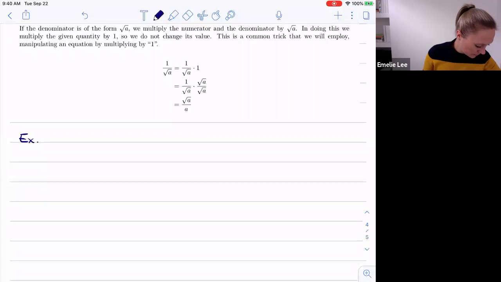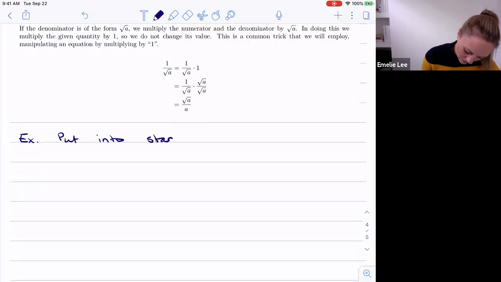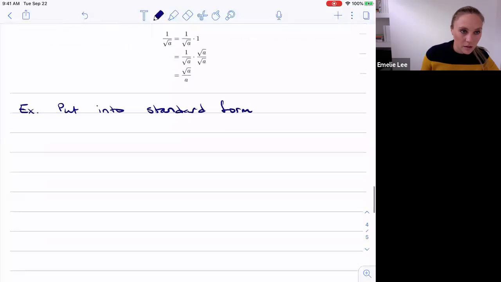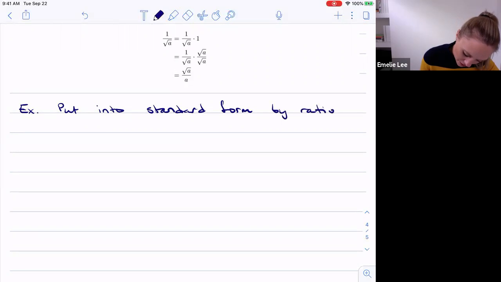Let's do, put into standard form by rationalizing the denominator.